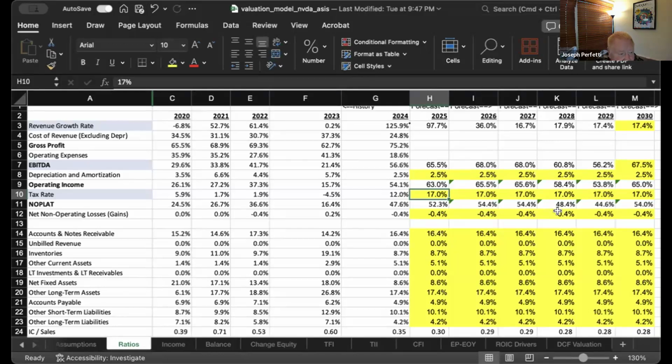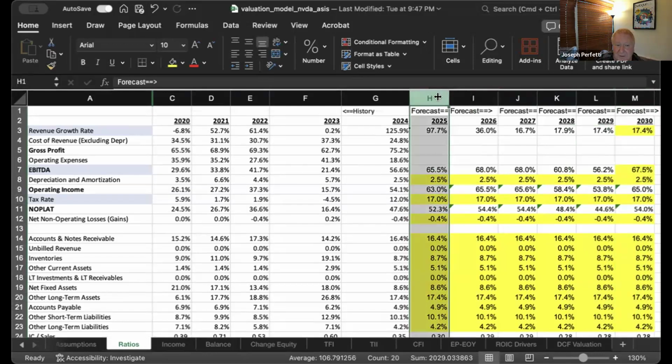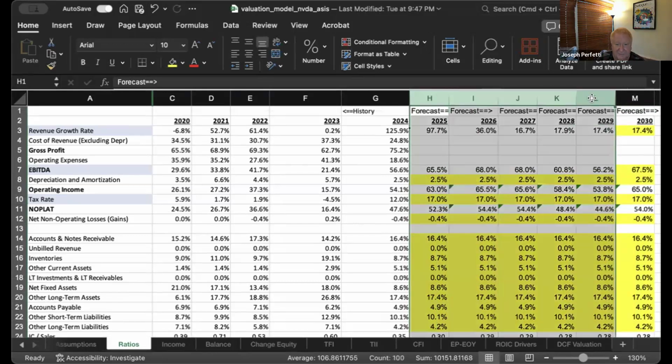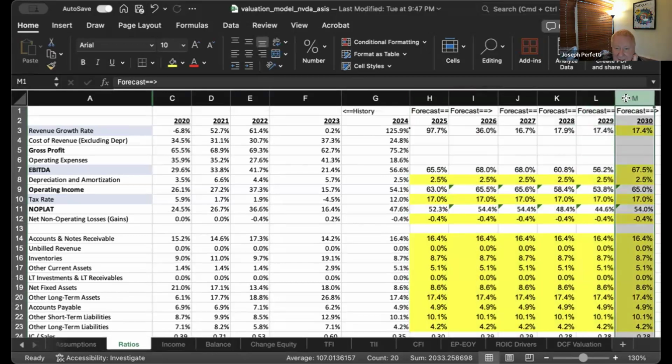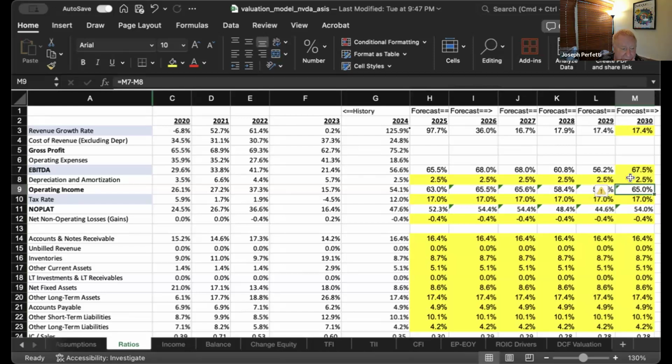We then had to estimate kind of the perpetuity numbers. So these were the first 5 years that we had forecast, primarily driven by the ratios. And to estimate the perpetuity, the big number we needed was an EBITDA and an operating income / EBIT in perpetuity as a margin.